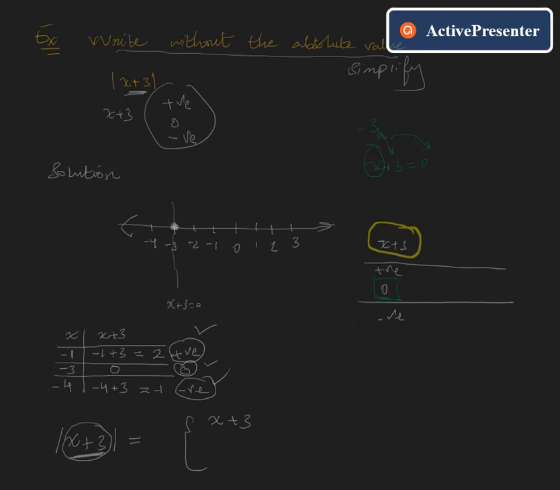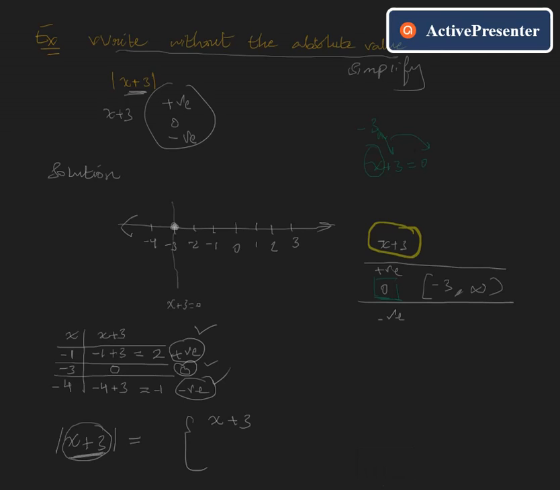It is when x is from negative 3 up to infinity, this area. X plus 3 is positive or equal to 0 when x is from negative 3 closed, because at minus 3 we have 0, up to infinity.